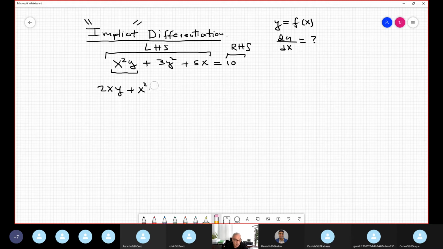I like that way. Remember, y prime is equivalent to dy/dx. It's no secret, at least for me, because I prefer y prime. I don't know why.